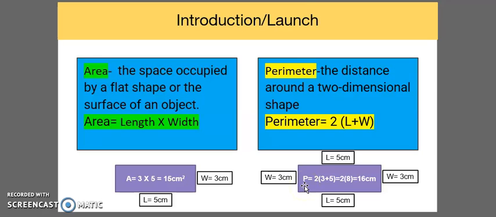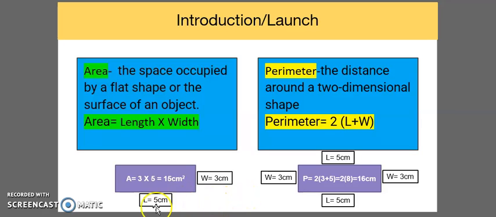We plug it into the formula, 2 times (3 plus 5). In order of operations, 3 plus 5 is 8, and 2 times 8 is 16. So the perimeter is 16 centimeters. The only one that has centimeters squared is area. Because it's perimeter, we just list the units. So know the distinction between area and perimeter.